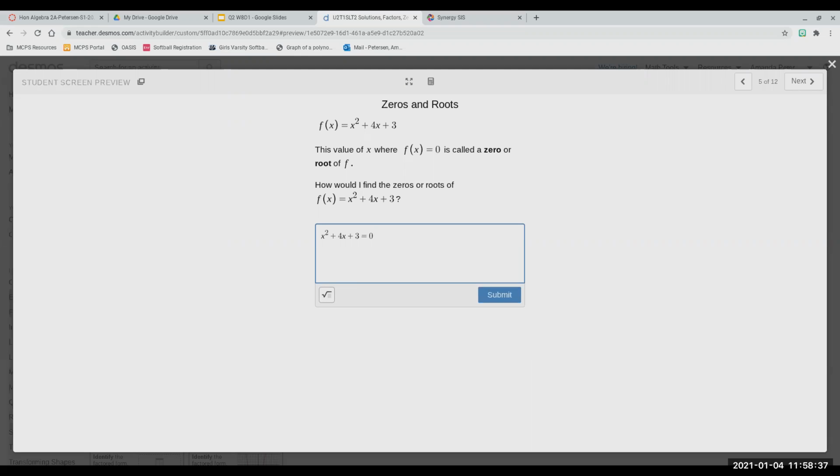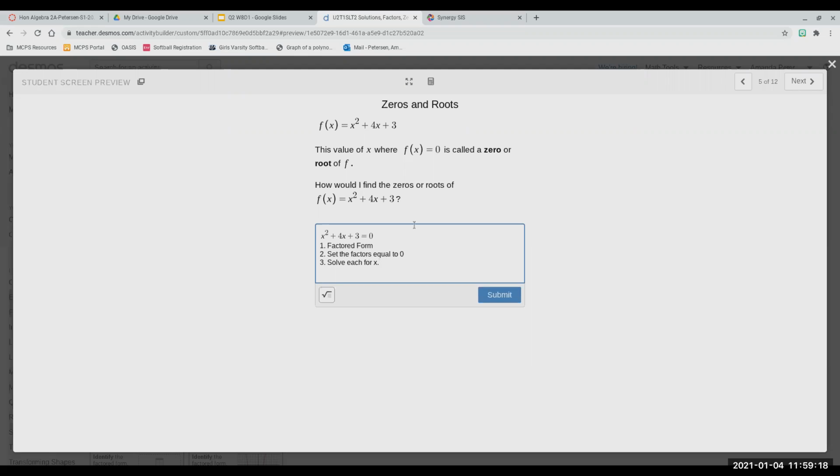So even though we're now adding in these new words of zero and root, we're not adding any new math to our repertoire. We already know how to calculate zeros and roots. How do we do that? We get factored form, we set the factors equal to 0, and we solve each for x. So that's the neat part about these new vocab words: no new math, just some new words.